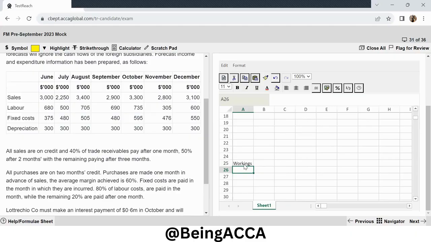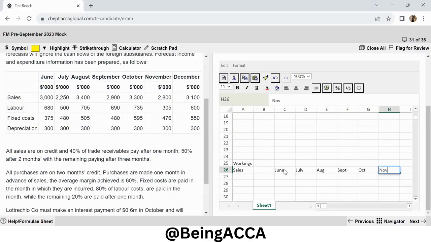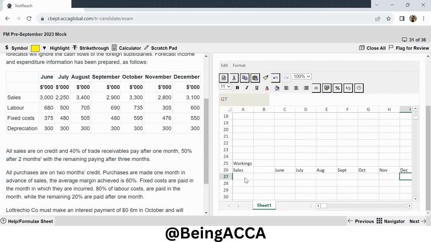So this is my working with respect to sales. I can just put my months over here: June, July, August, September, October, and then November, and then December also, just because we have information from that also. So we have our sales over here.